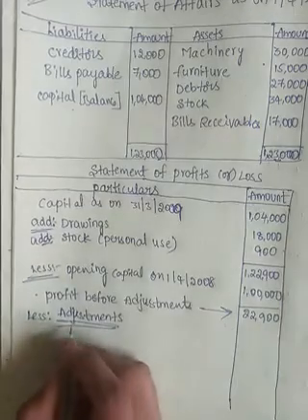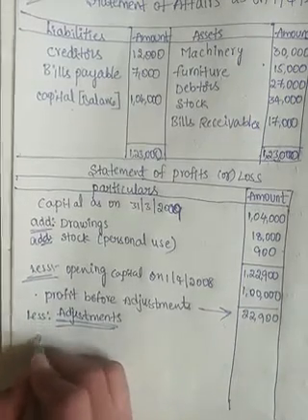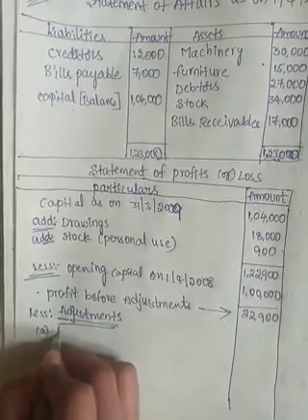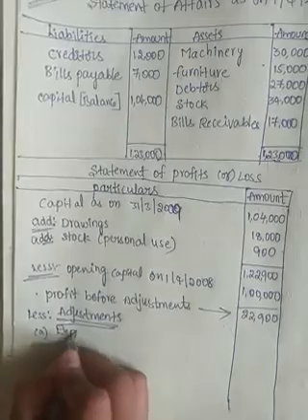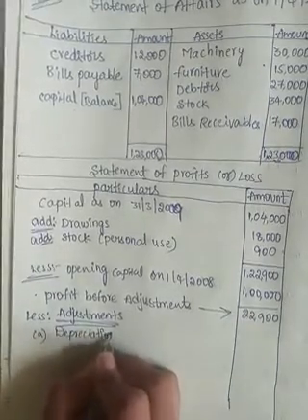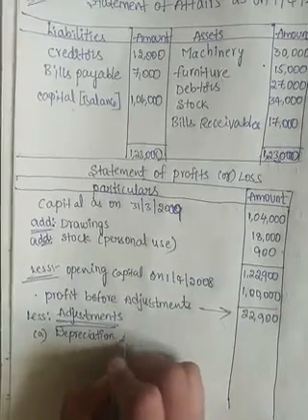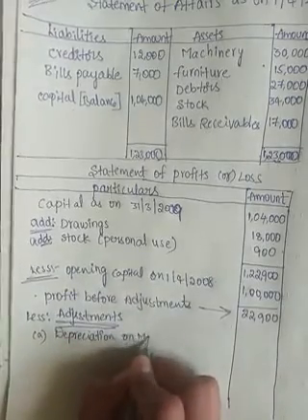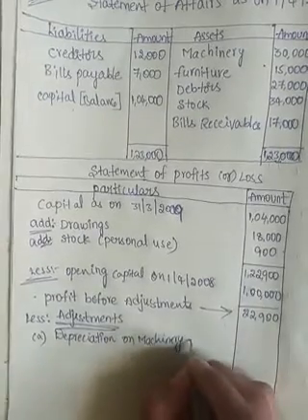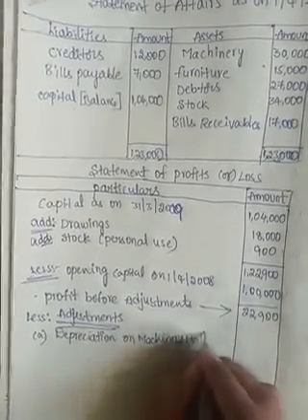The first adjustment is depreciation. So first we will calculate the depreciation on machinery. It is 10%.